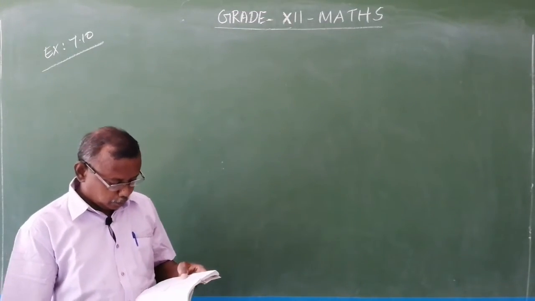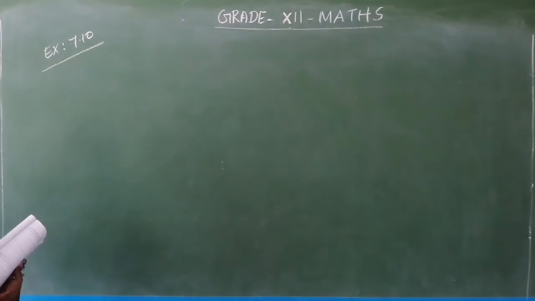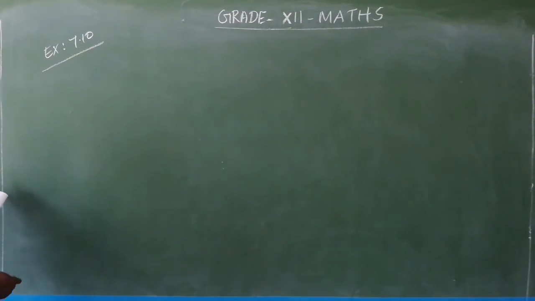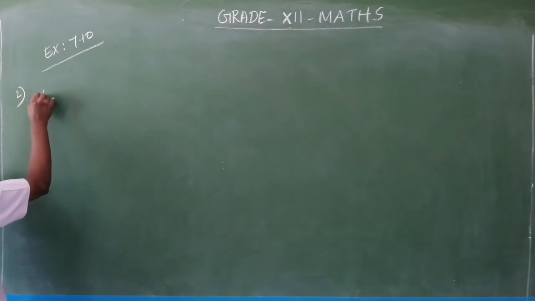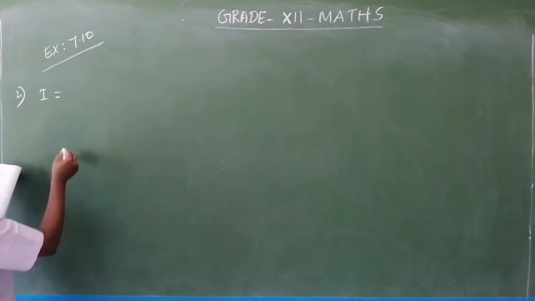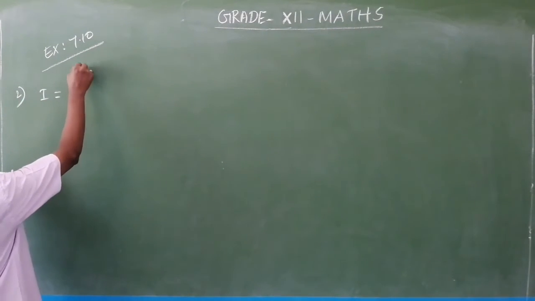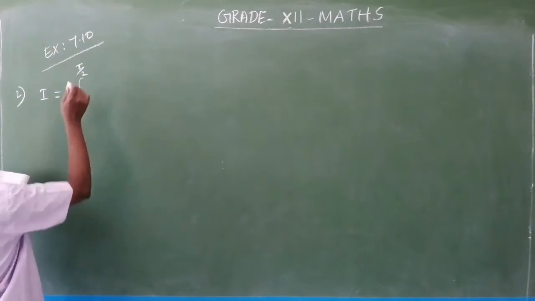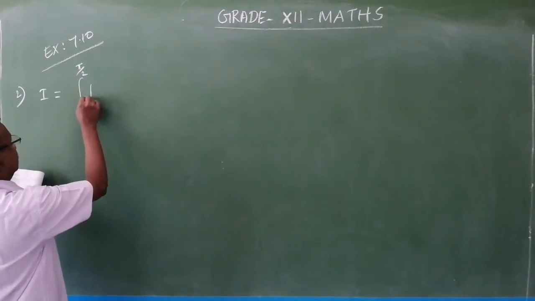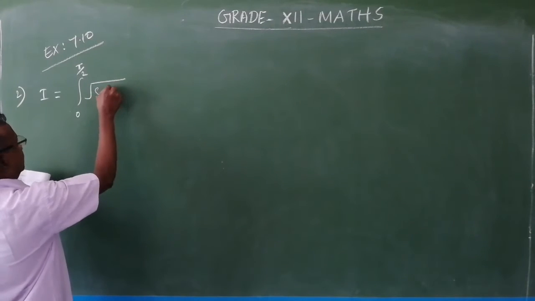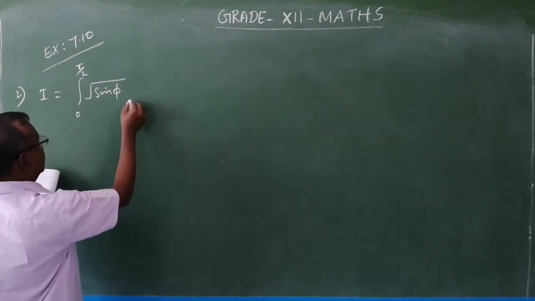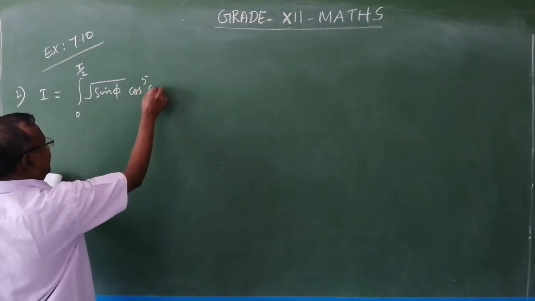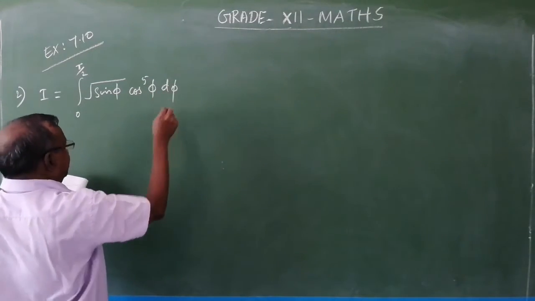Next, question number 2. Let us consider the given question as I equal to integral 0 to pi by 2 root of sin phi into cos power 5 phi d phi.